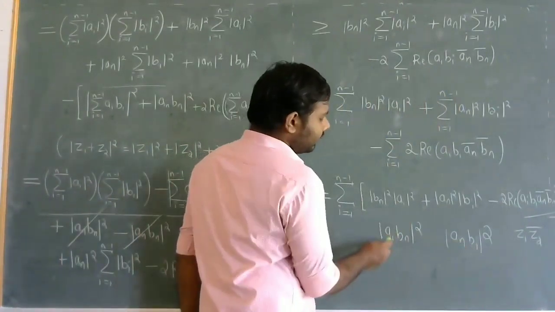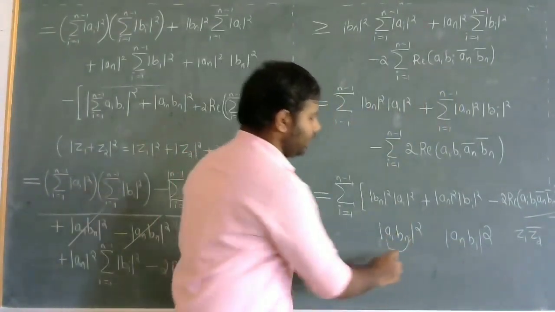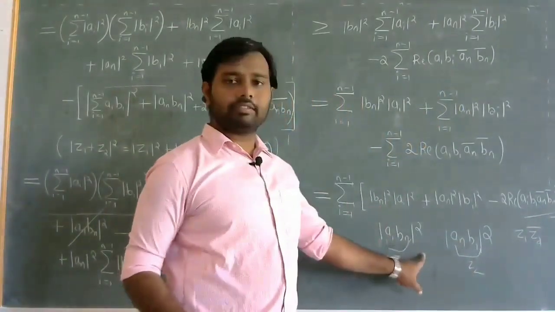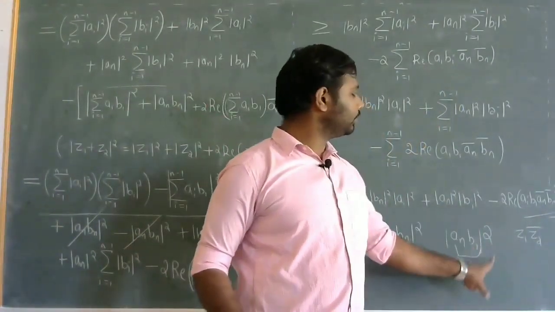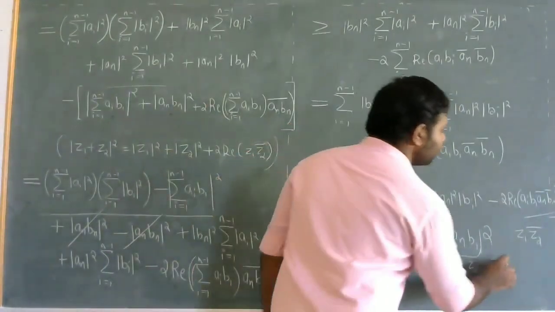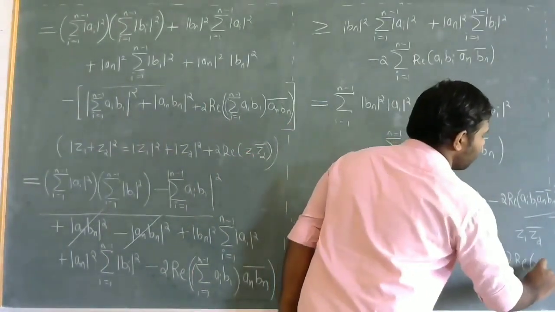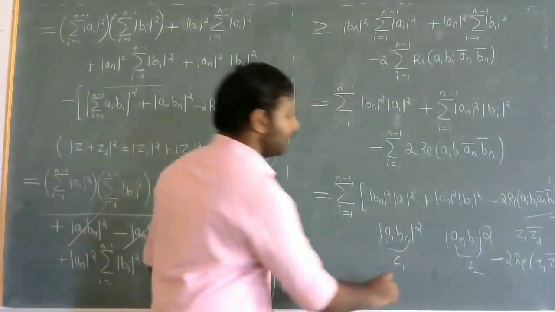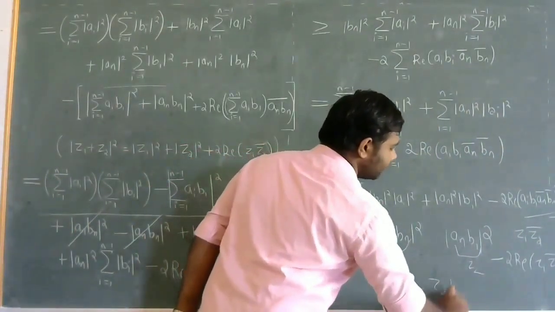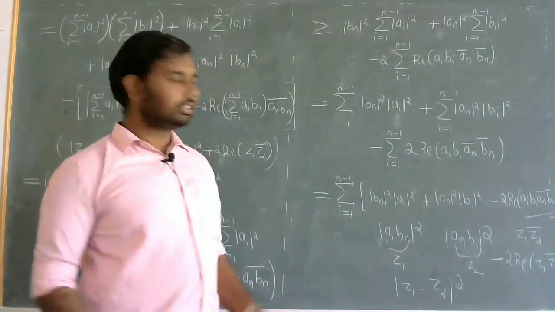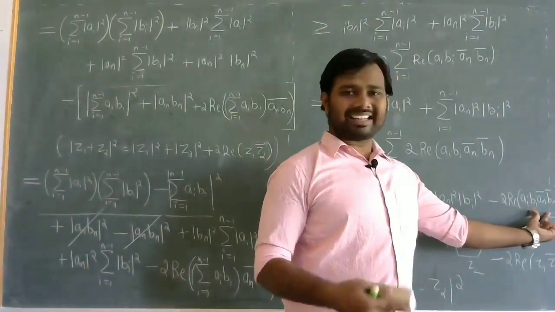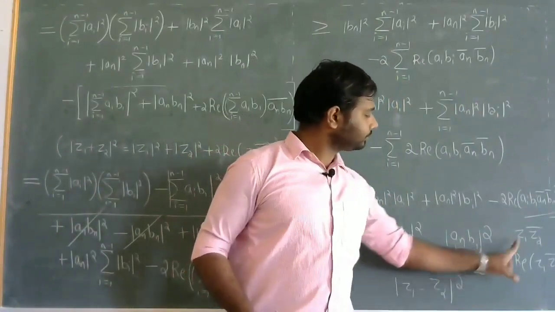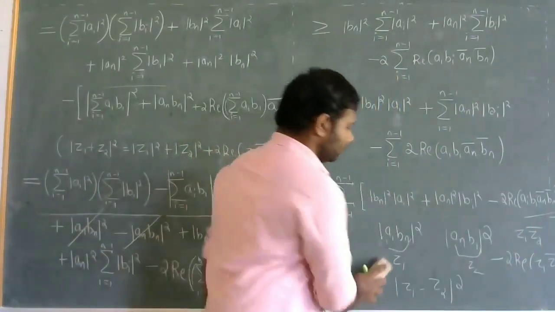I can take this as z1, this as z2. So we have modulus of z1 square plus modulus of z2 square. If I have minus 2 into real part of z1 into z2 bar, then I can apply the identity modulus of z1 minus z2 whole square. So I just have to rearrange these terms to get z1 into z2 bar.